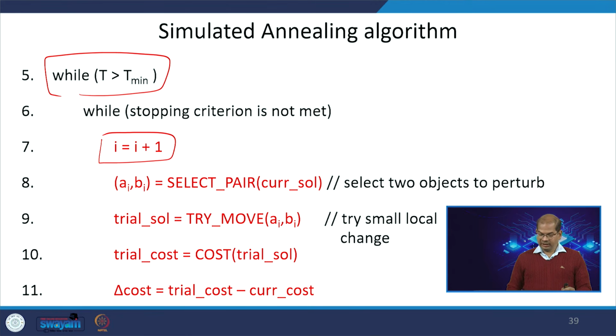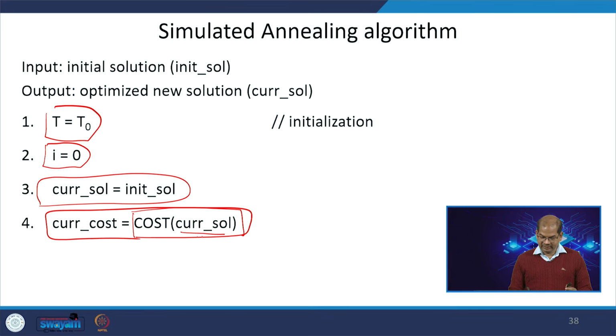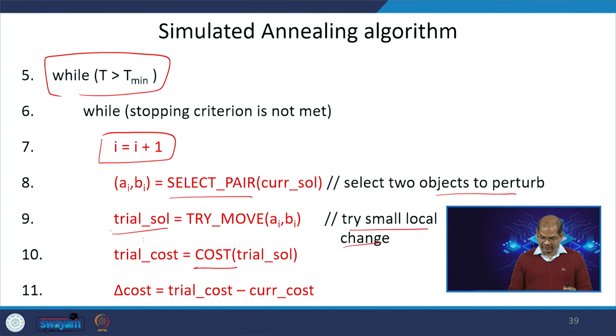Then we select a pair, two objects to perturb, and make a small local change. This is a trial solution, which goes into the cost function, like I did for the initial solution, to find what my cost is if I go by this trial solution.